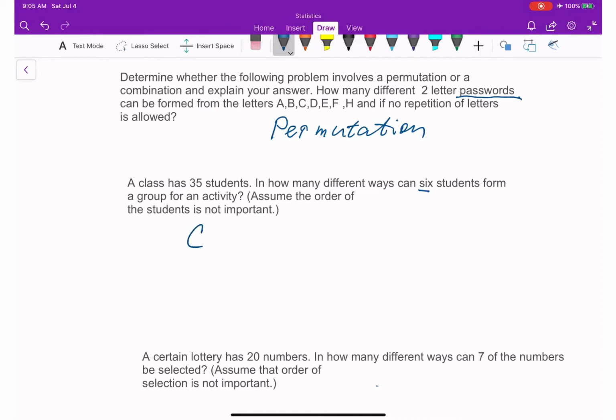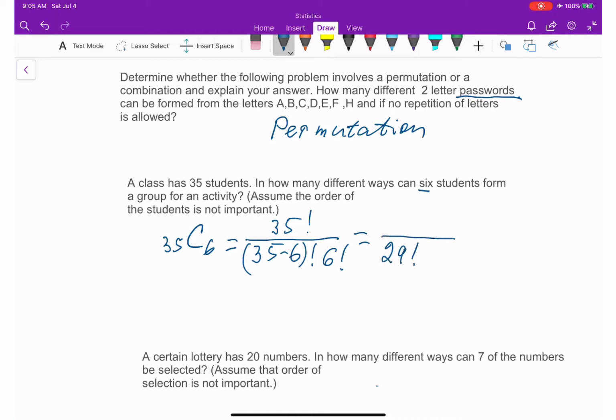And we are using 6 out of 35. And that is going to be 35 factorial over 35 minus 6 factorial times 6 factorial. Okay, so let's see. 35 minus 6 is going to be 29 factorial, which means this 35 I'm opening till 29: 35, 34, 33, 32, 31, 30, and 29.